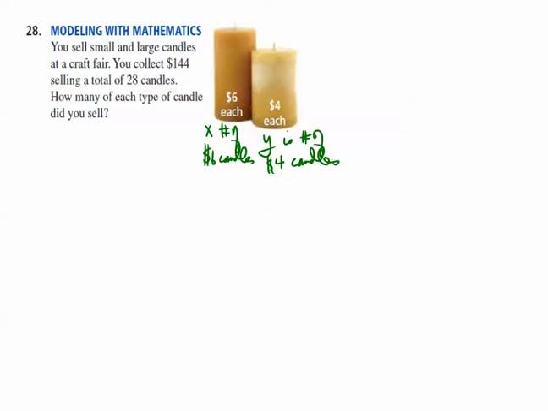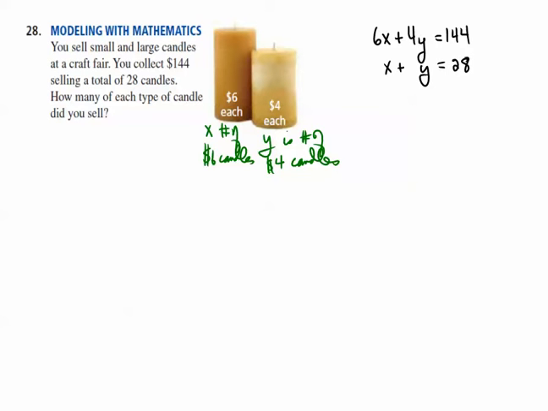All right, great. So we know that we collected a total of $144. So 6 times X plus 4 times Y is 144. And we know that we sold a total of 28 candles. So that would be X plus Y is 28.